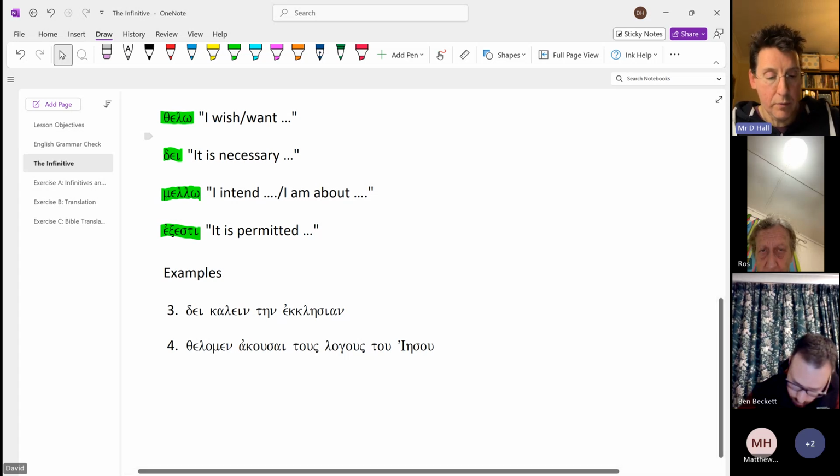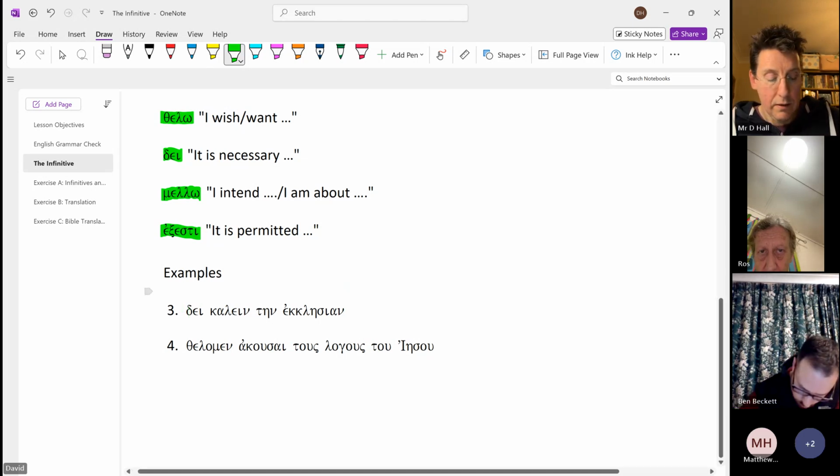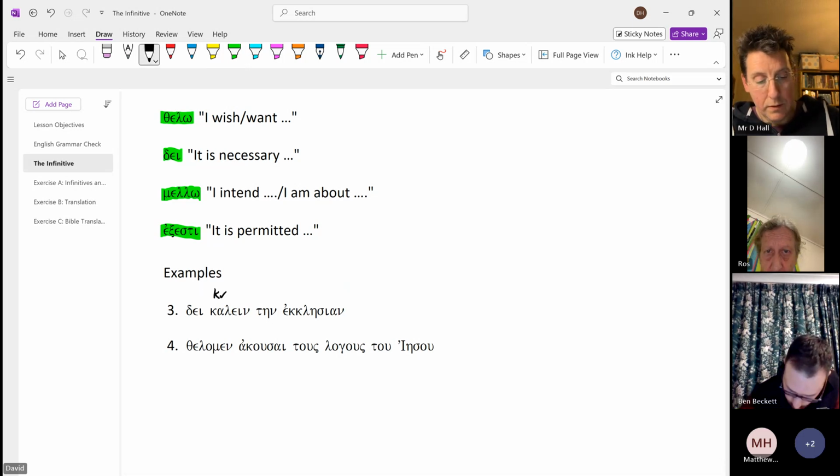In these examples we've got dei, which is it is necessary, and kalein, which comes from kaleo. So that's our infinitive, and we have: it is necessary to call.